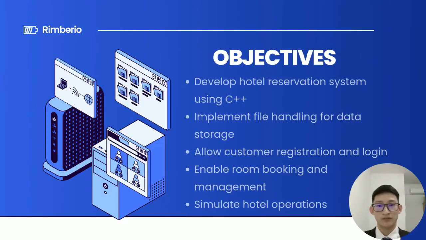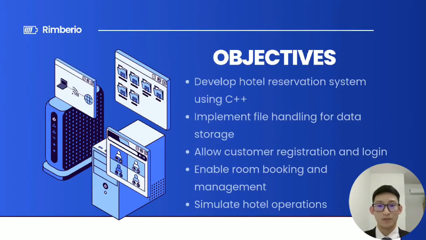There are 5 main objectives for this project. The first objective is to design and develop a basic but efficient hotel reservation system using C++. The second objective is to implement customer registration and login functionality using file handling techniques. The third objective is to allow customers to view available rooms and make reservations easily.